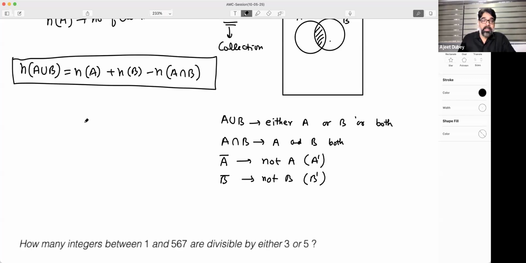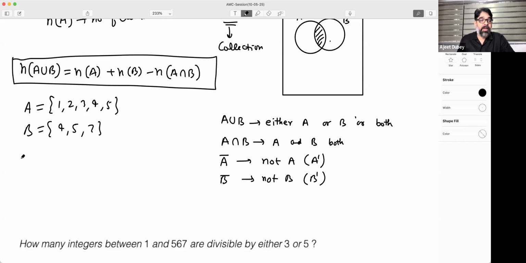For example, if A contains 1, 2, 3, 4, 5. Yes, Sreyank, it's the correct answer. B contains 4, 5, 7. So if I say N of A union B, it is the number of elements in A plus the number of elements in B minus N of A intersection B.